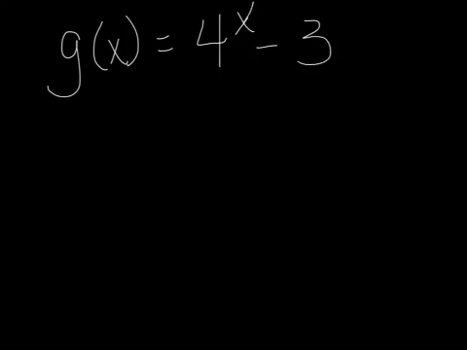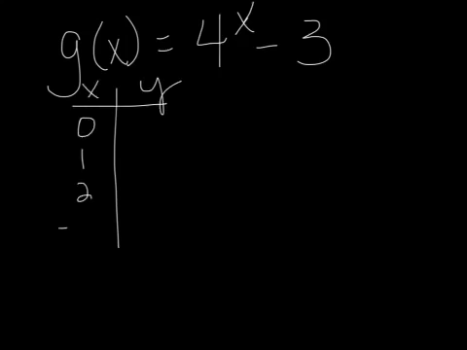Well, the next one given on that problem is g of x equals 4 to the x minus 3. Now, if something was on the outside, what did that do to it? That moved it down 3. That changed the y value. That subtracted 3 from our y values.